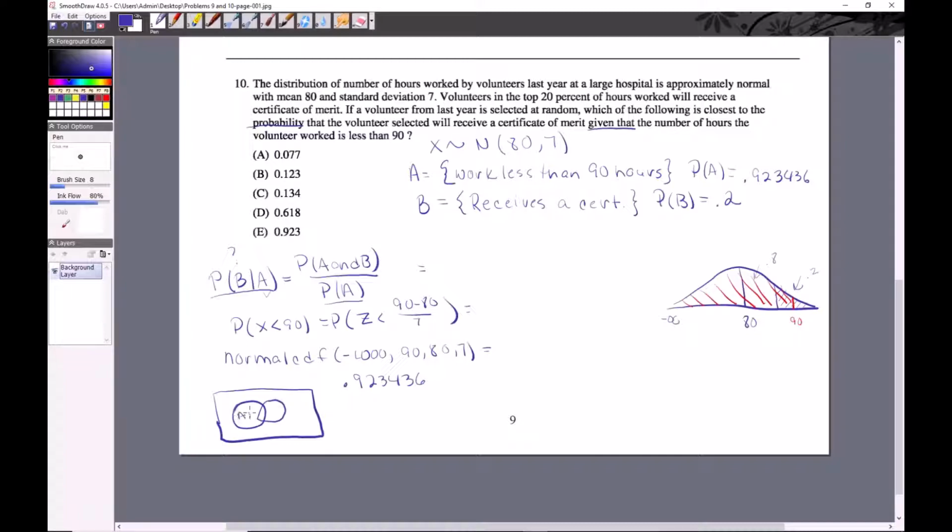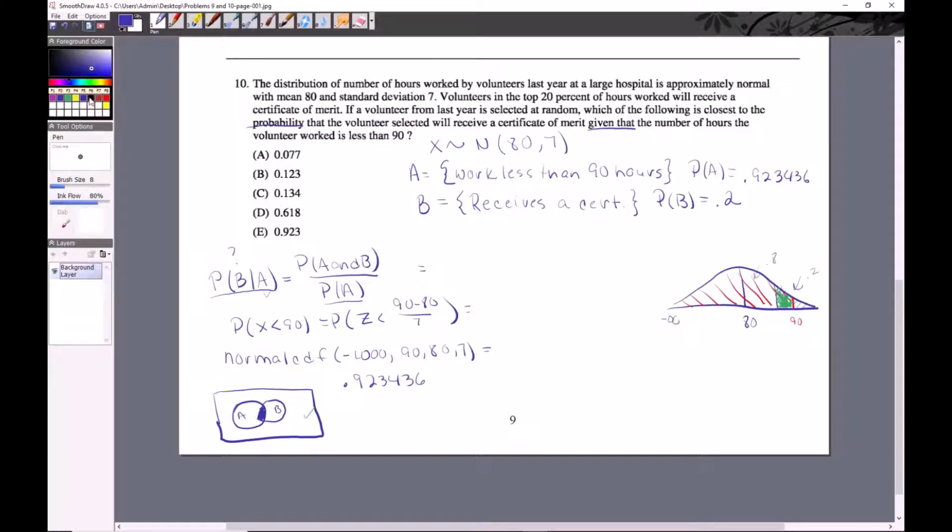Let's call this A, let's call this B. You know where they overlap, like right here? That's A and B, right? So if we can find the overlap between this blue and this red, which would be everything right here, then we would know the probability of A and B, because that's where the two overlap.